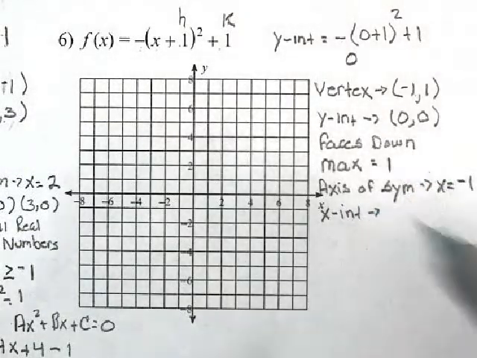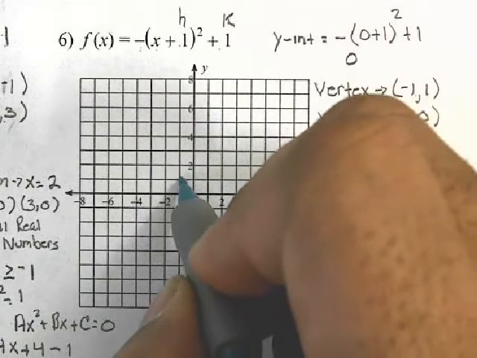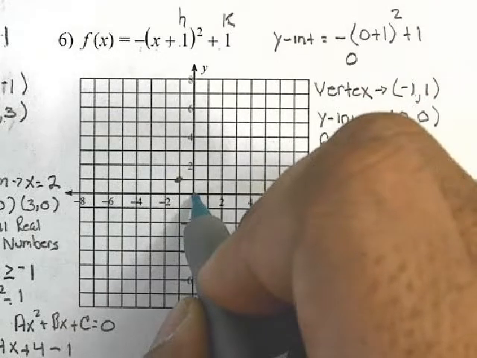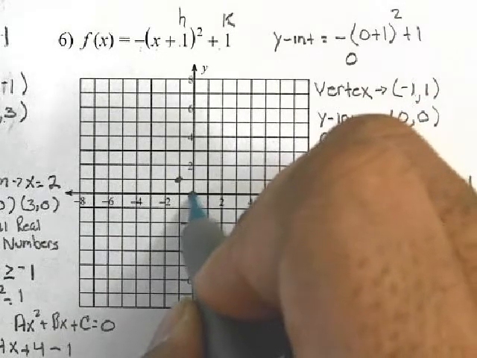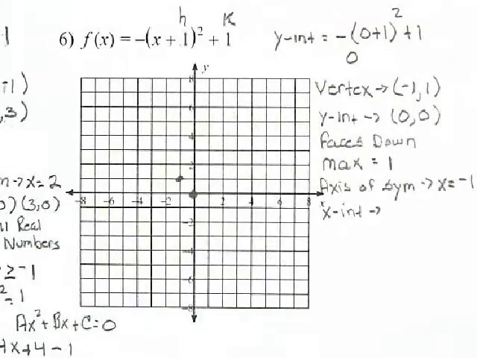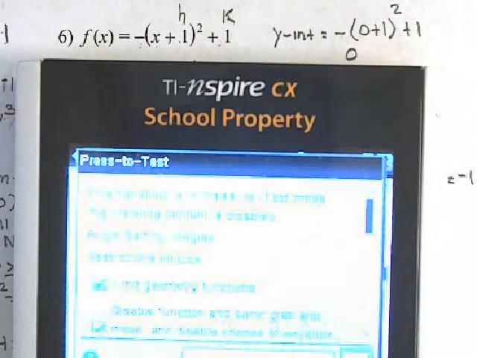Alright, let's graph this. The vertex is at -1, 1. The y-intercept is at 0, 0. Now, go to your calculator and let's add a new graph to get the rest of our points.